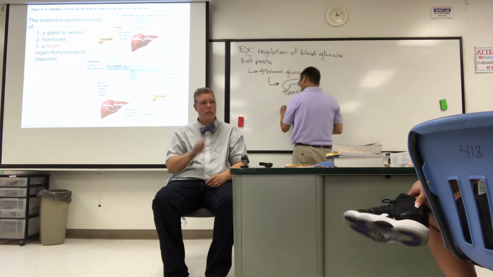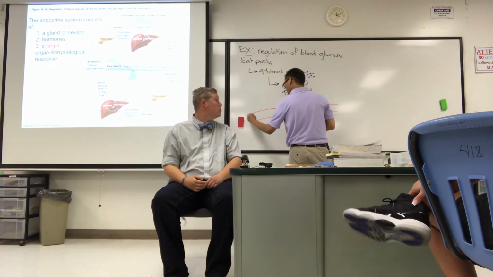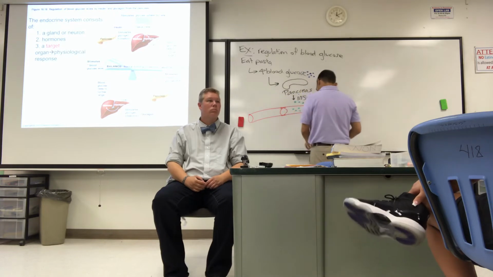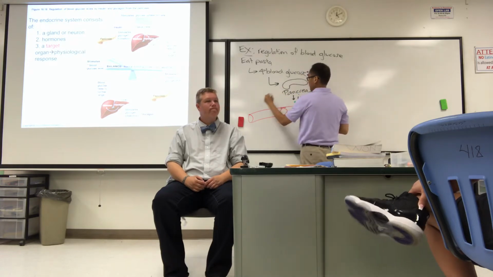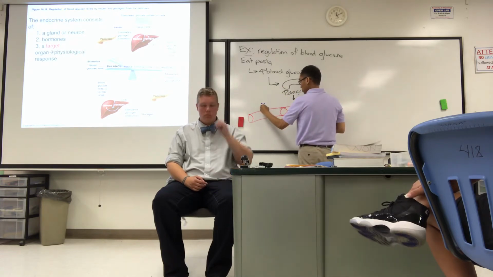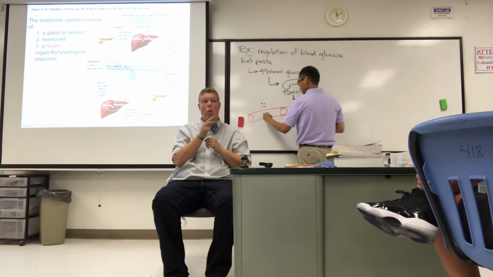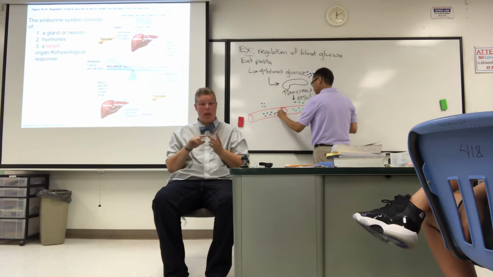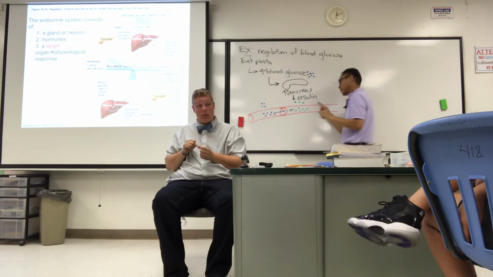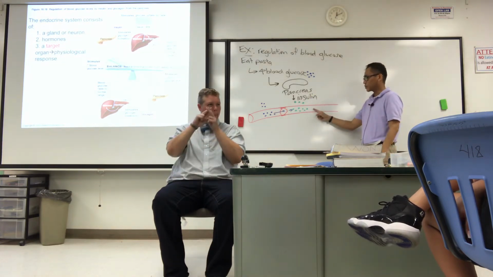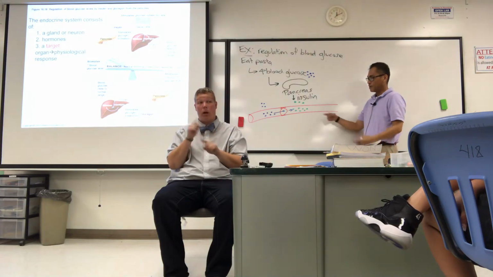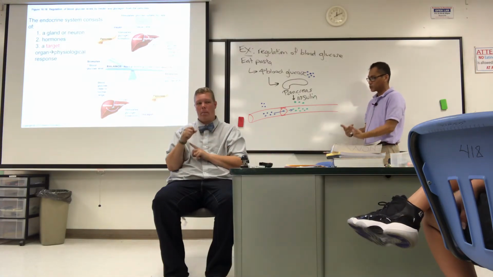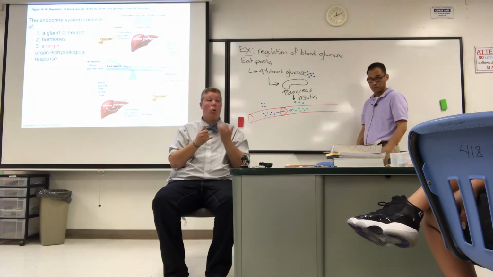Let me extend this blood vessel tube out to here. And the glucose entered the bloodstream. And the pancreas had an ability to detect that increase in glucose. And in response, insulin was secreted. So now what you have is insulin and glucose circulating together in the bloodstream.